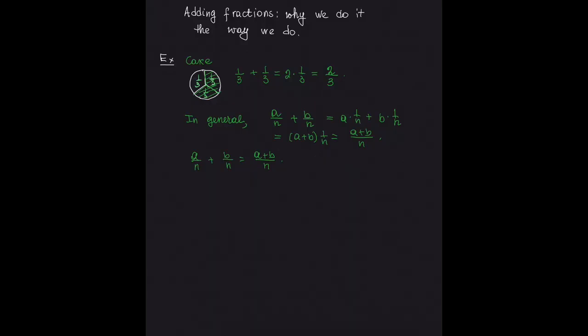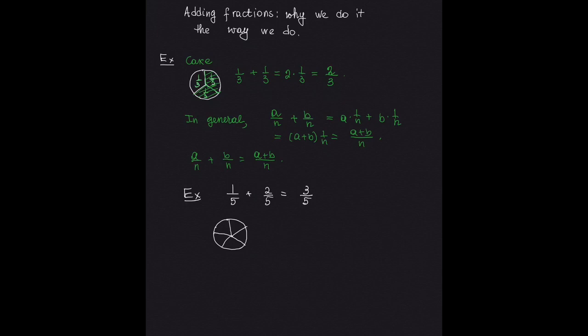So for example, if we want to add 1/5 plus 2/5, this is going to be 3/5. And just to convince ourselves that this is still going to work with the cake example, if we have the cake divided into 5 equal slices, so it's just going to be something like this, more or less.